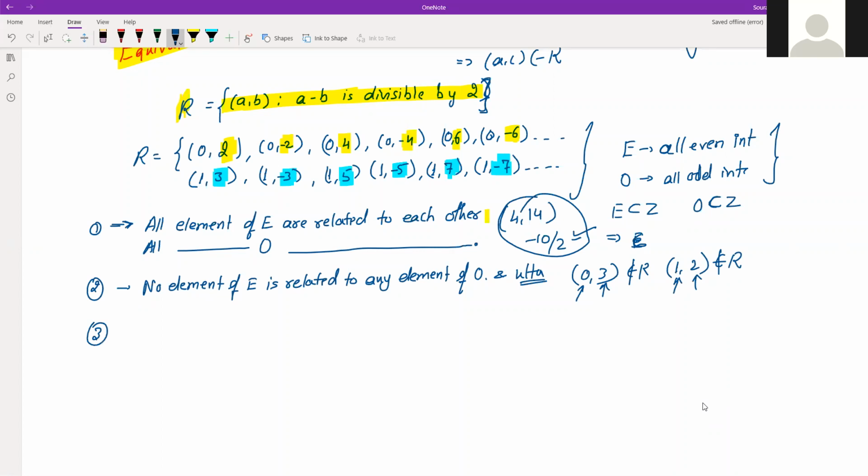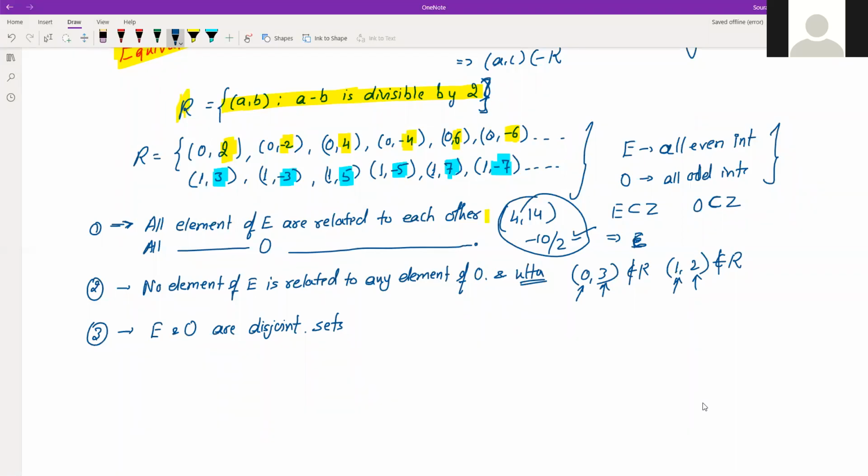And the third, E and O are disjoint. That means there is nothing common between them. Between the sets there is no relation.